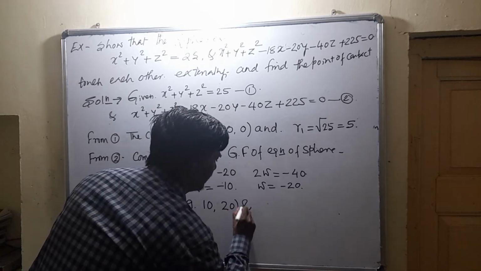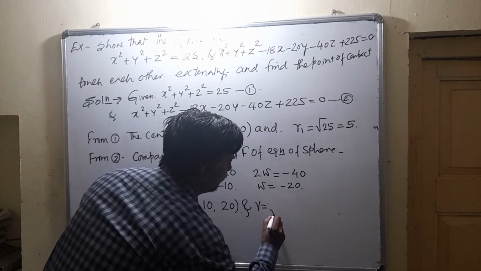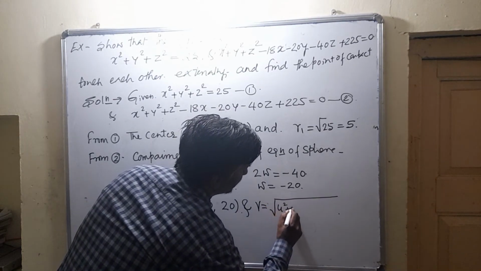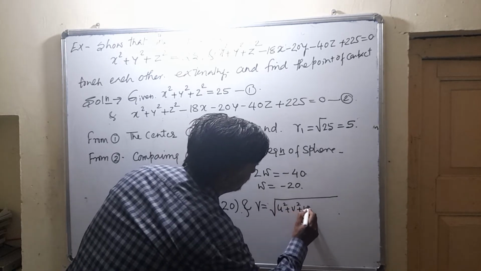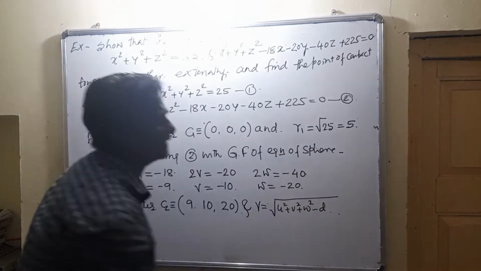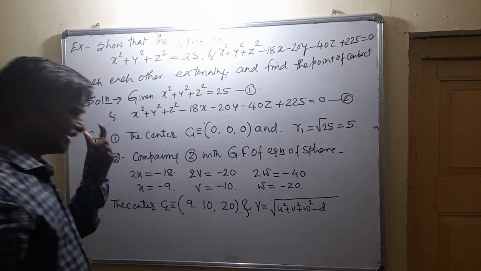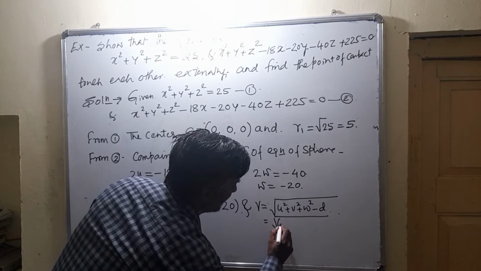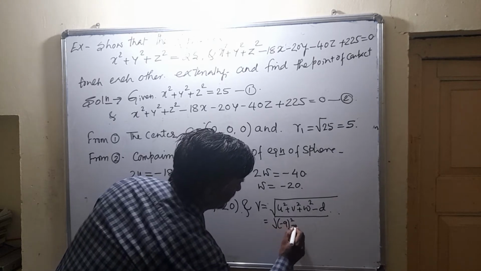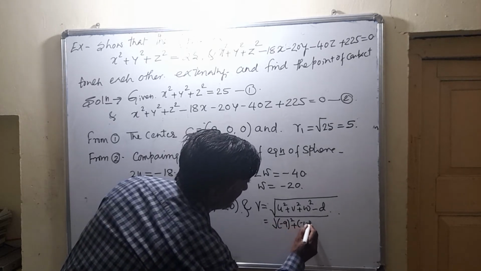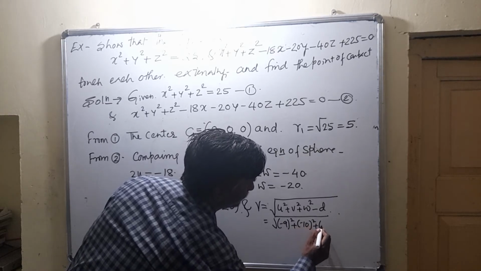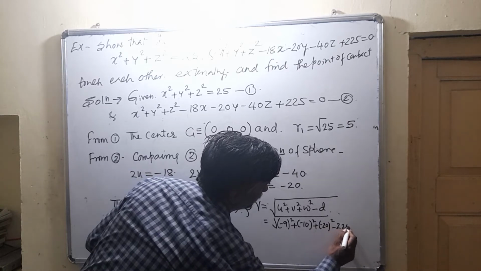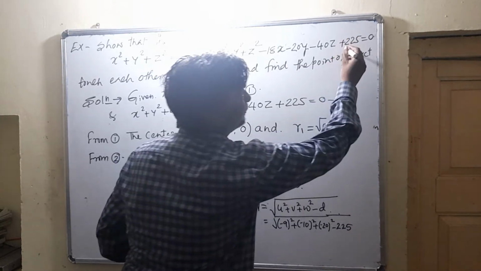And R equal to the square root of u square plus v square plus w square minus d. Minus 9 bracket square plus minus 12 bracket square plus minus 20 bracket square minus 225. 225 is d.